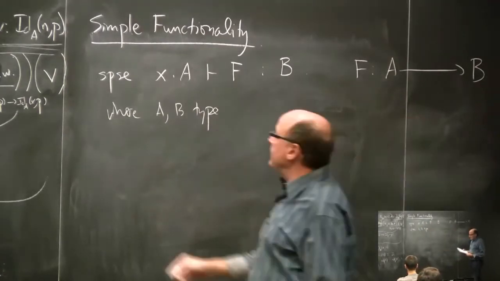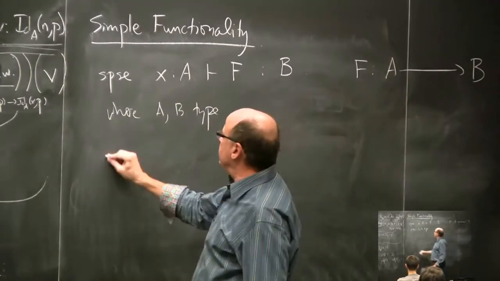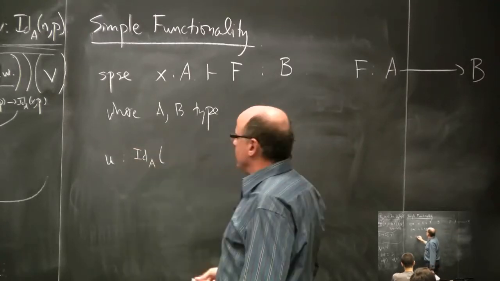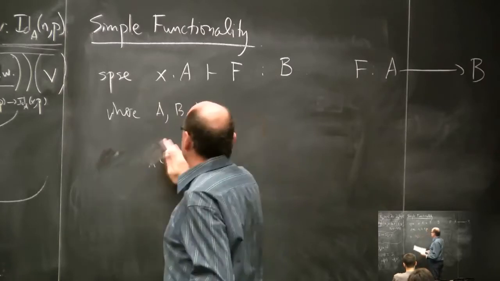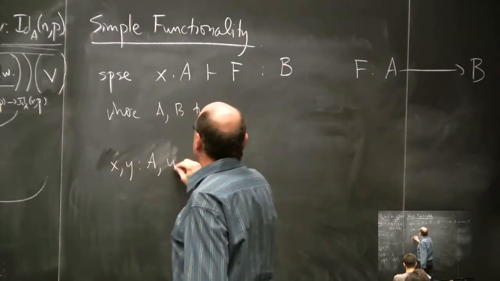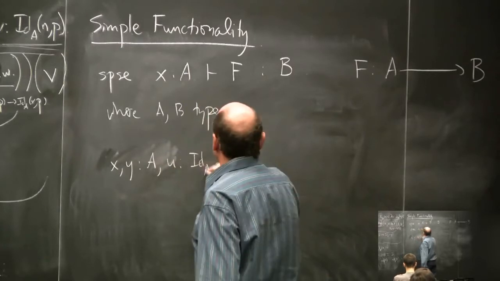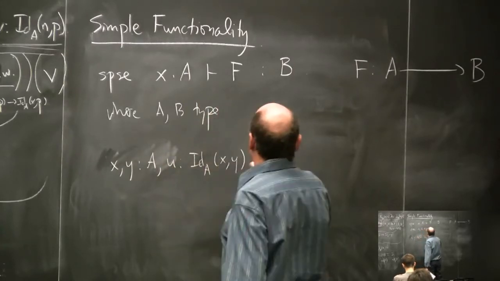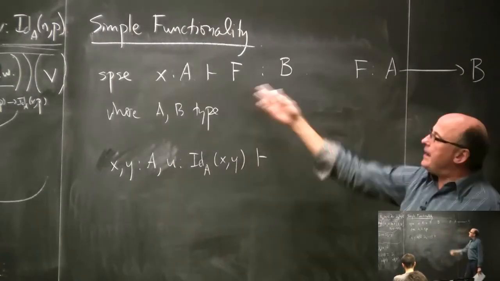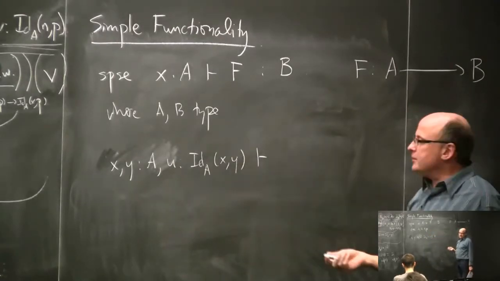And so I would like to have the following very elementary idea. Let me write them down here. Give me X, Y in A, and U, let's say, which is a proof that X is equal to Y, then I expect this map to behave functionally.